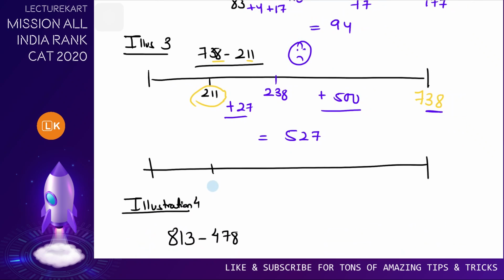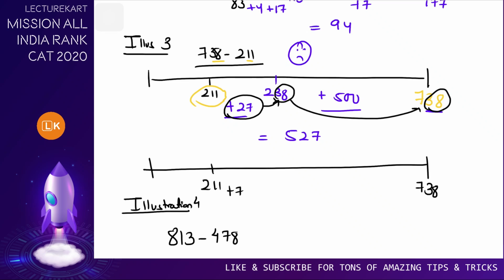There could have been an alternate way. 211 and 738. We could have added a number much more easily. You cannot directly ascertain at times that you have to add 27 to reach 238, which will match the units digit or tens place for the number that we want to reach. So what we can do is we can add 7.